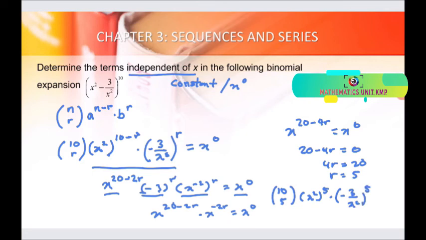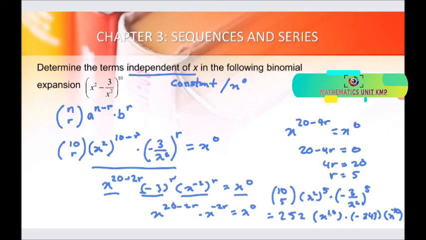Okay, so we can simplify the equation here, and we will get 10C5 is equal to 252, and here we will get x to the power of 10 multiplied with negative 3 to the power of 5, we will get negative 243 multiplied with x to the power of negative 10.